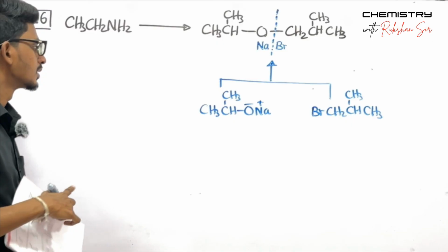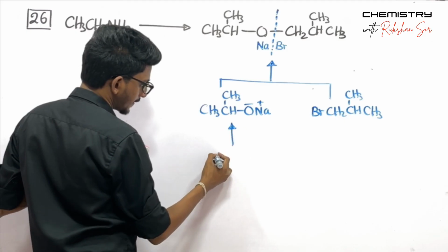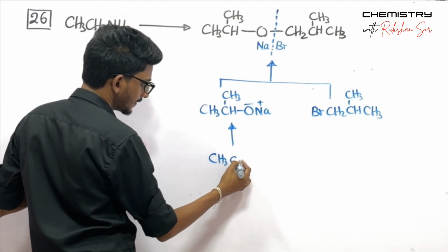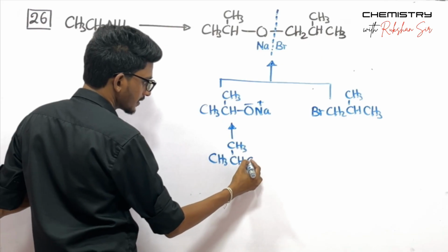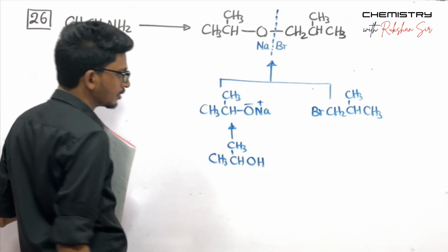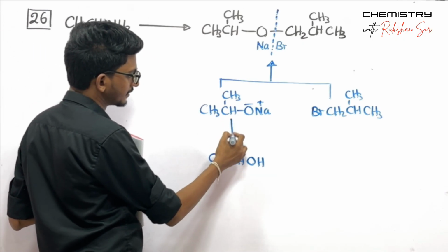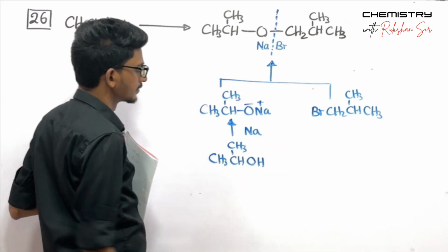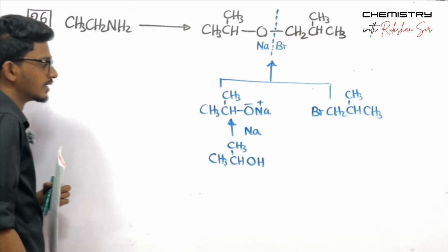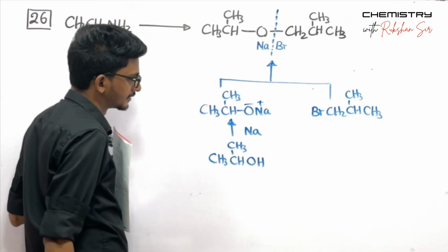Sodium alkoxides are formed by adding sodium to alcohols.